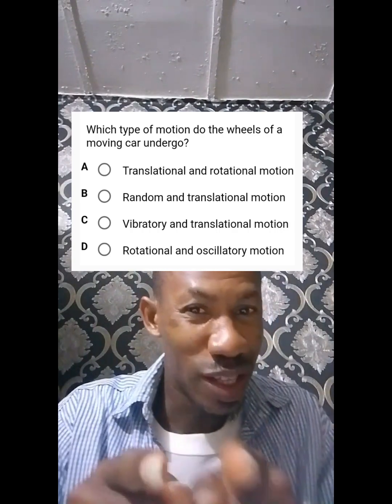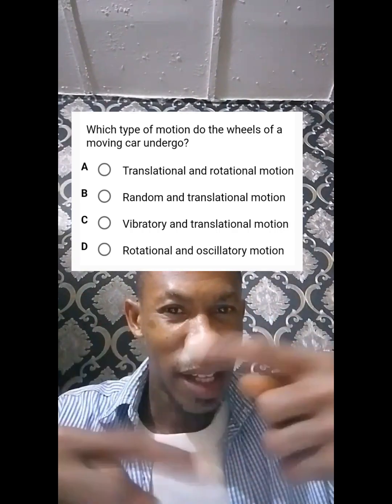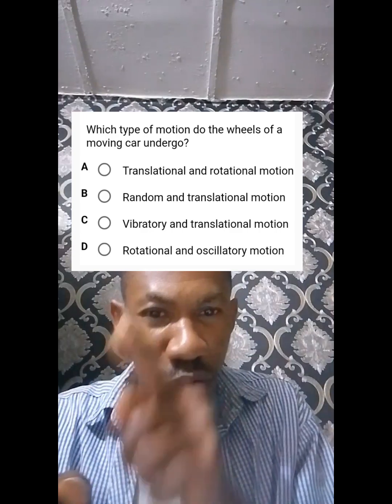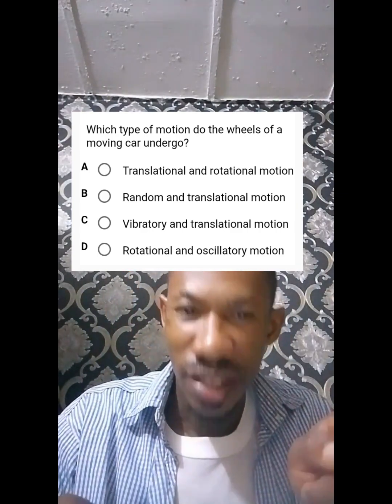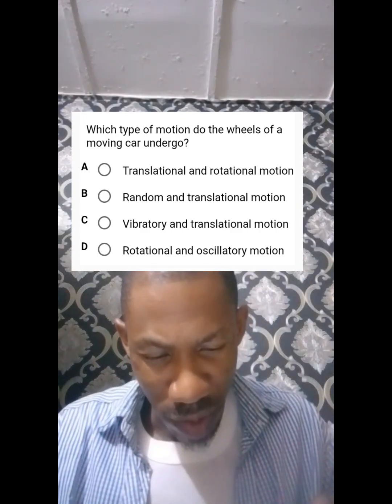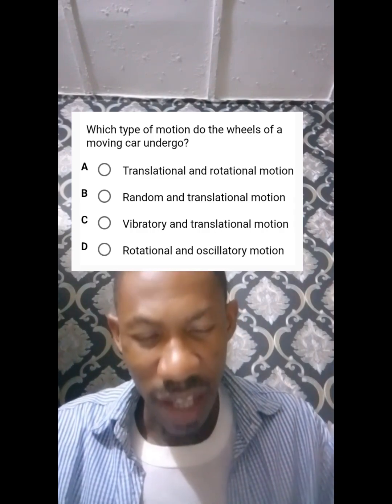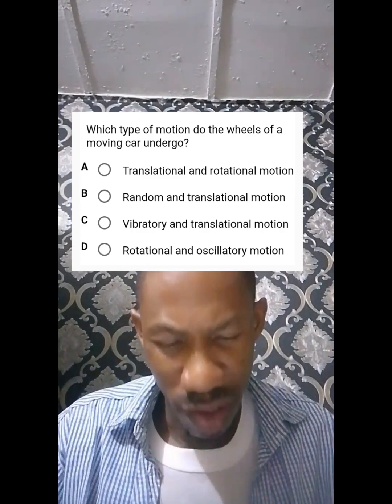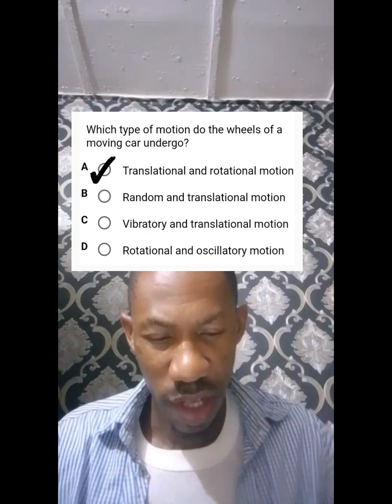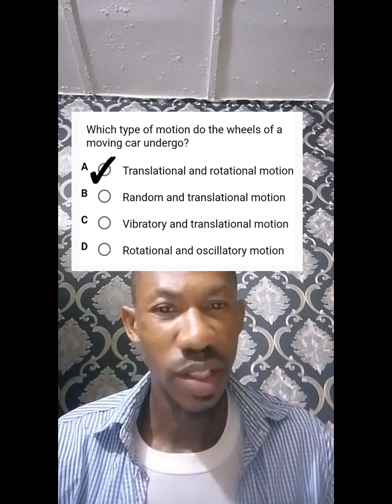So we know the answer already. It is rotating, that is rotational, and at the same time moving from one point to another, translational. So the answer there will be translational and rotational. That's A. You see the reason why you need to know the types of motion. Knowing the types of motion will help you know the examples for each of the types of motion.